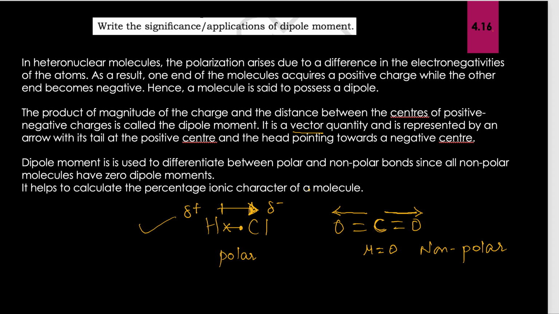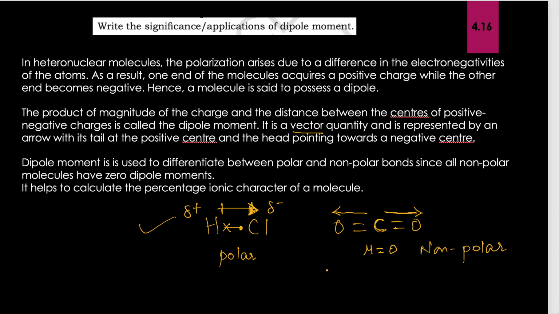It also helps to calculate the percentage of ionic character in a molecule. As per Fajans' rule, we always say that a covalent molecule will also have a slightly ionic character in it. So here we will also be able to tell the percentage of ionic character in a molecule.